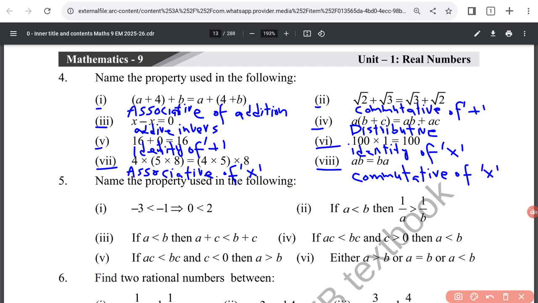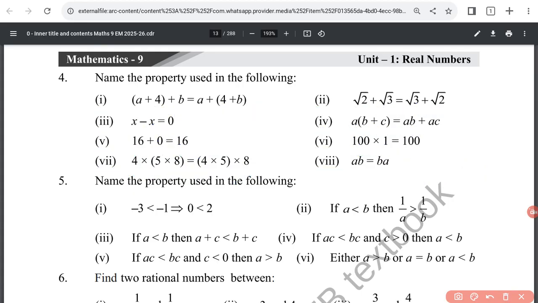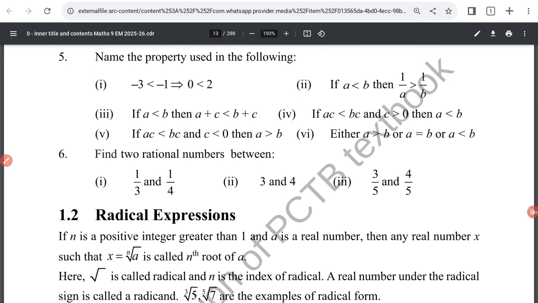Okay, so dear students, now we move towards question 5. In question 5 we have to name the property, using the following. So we will give a name to the properties: -3 less than -1, 0, then 0 less than 2.